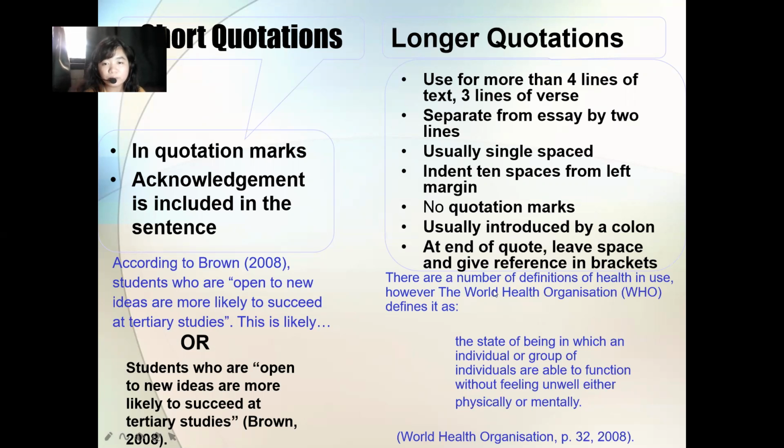So, according to the World Health Organization, or the World Health Organization defines it as, using a colon, the state of being in which an individual or group of individuals are being able to function without feeling unwell either physically or mentally, is the direct quotation from the actual source. It is indented 10 spaces from the actual paragraph.